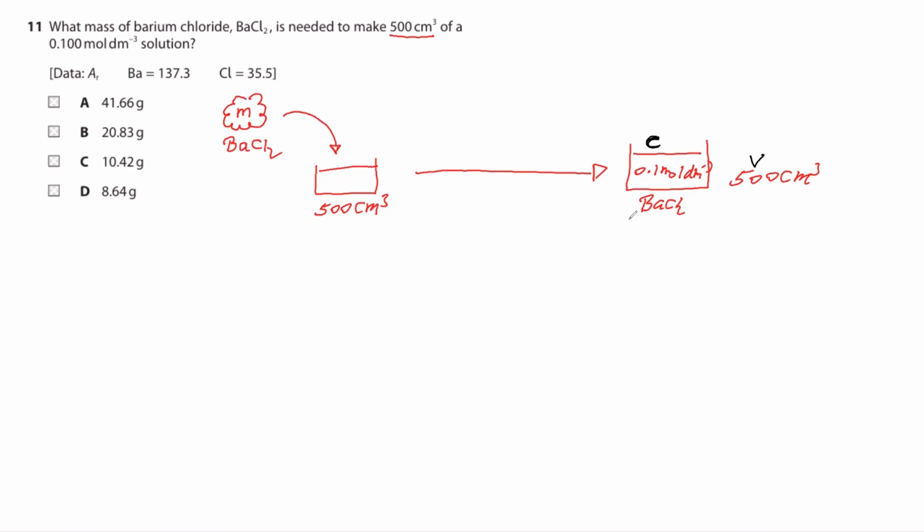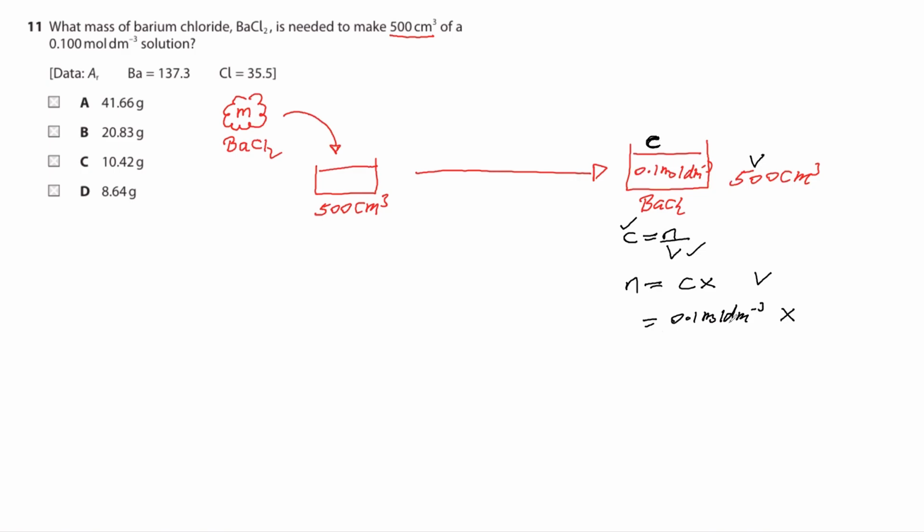there's an equation: concentration equals number of moles divided by volume. Since I have C and V, I can find the number of moles. Number of moles equals concentration times volume. Concentration, we know, is 0.1 moles per cubic decimeter.